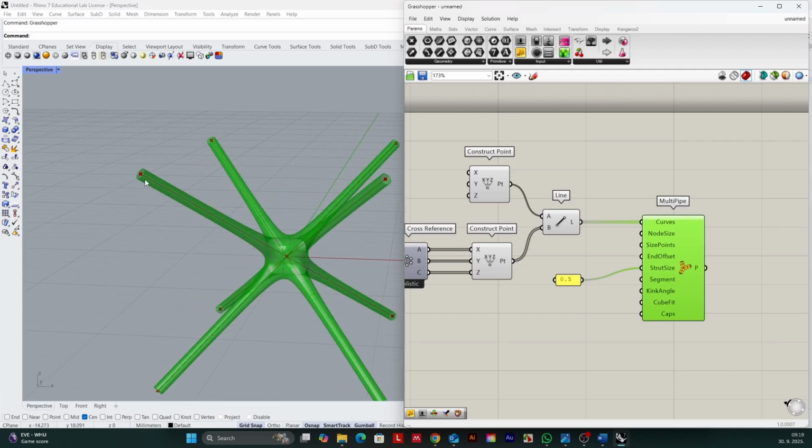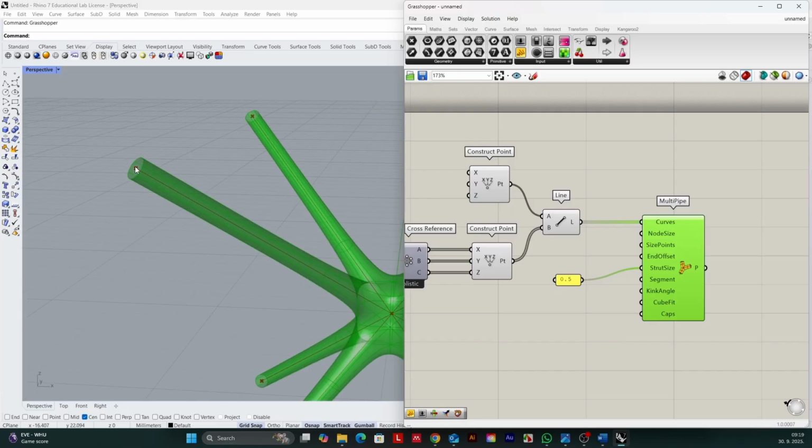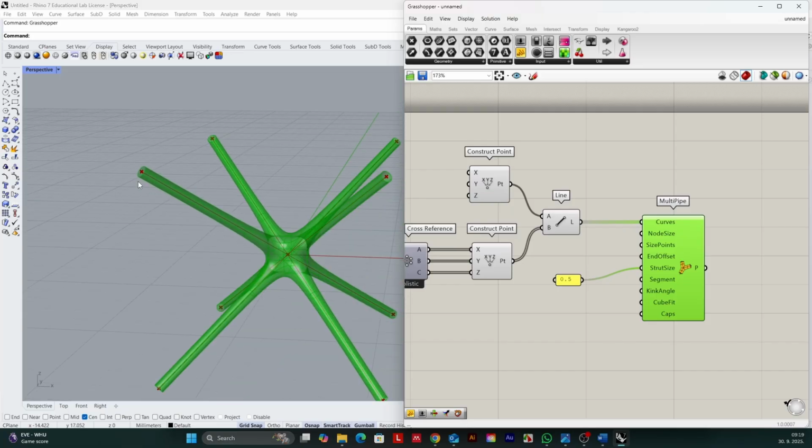Here we will notice that the ends of the unit cell are pretty straight, so we can include the caps option. We can choose a round option to make roundness at the ends of the unit cell.